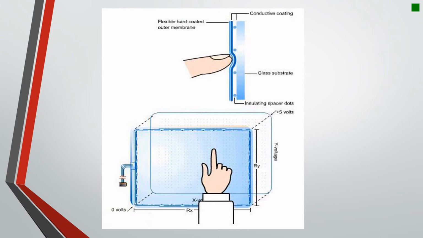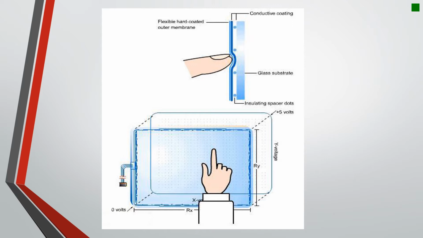Alright, so in the following diagram, you can see the structure of a 5-wire resistive touchscreen. There's the glass substrate that acts as the foundation for all the other layers, as mentioned before. Then there's also the aforementioned insulating spacer dots, or the marker dots. There's also a conductive coating, both beneath and above the marker dots.